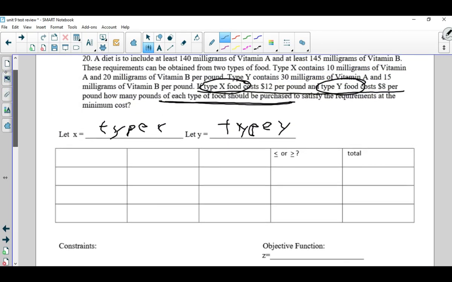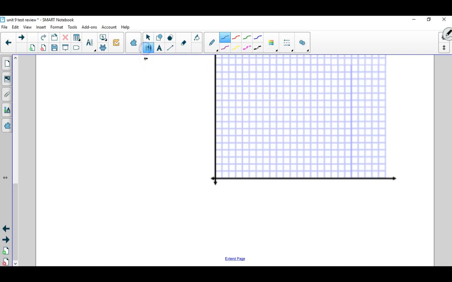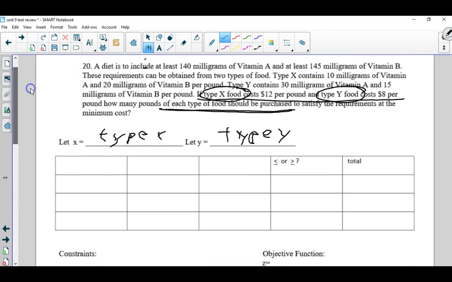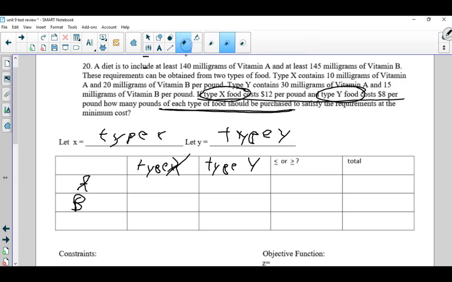Okay, so now we know what to put. X and Y. Which means, down here in our writing, this is going to be type X food, and there's going to be type Y. Which means we're going to put vitamin A here, and vitamin B there.